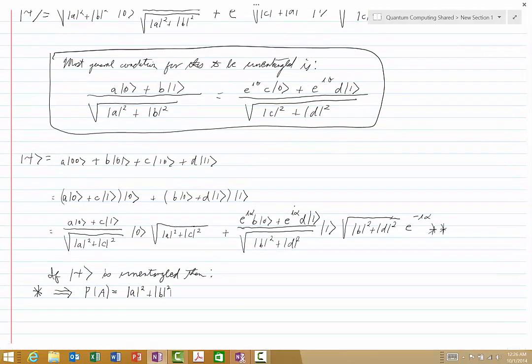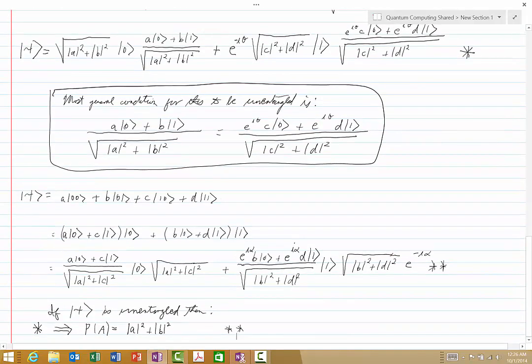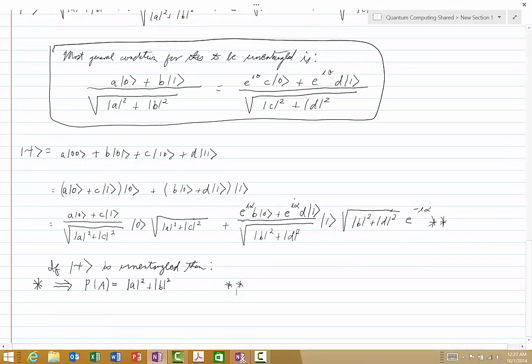But equation star star done here implies that the, let's see now, let me make sure I'm going about this in the right way. Yes, okay. Now again, star star.